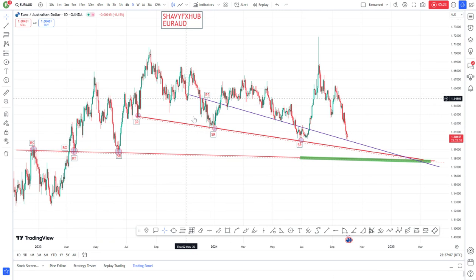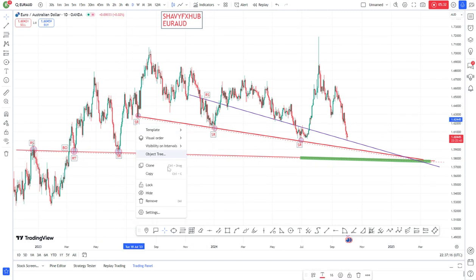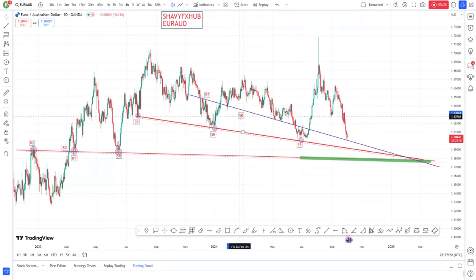We are missing this point, but we will ignore it for this structure for now. We are going to ignore it and focus on what could potentially be a buy idea for today. Euro AUD will have a buy today based on the structure. This is a daily candle to have a buy today.